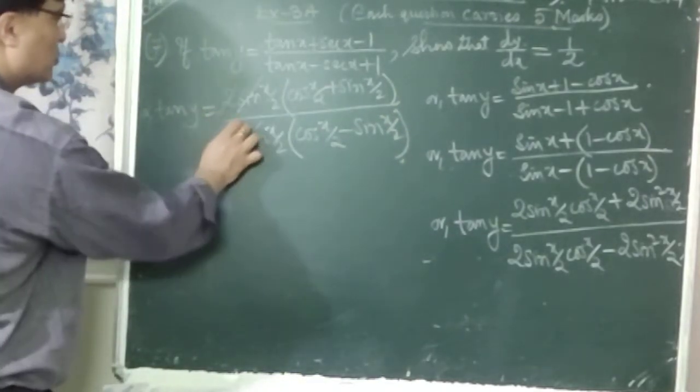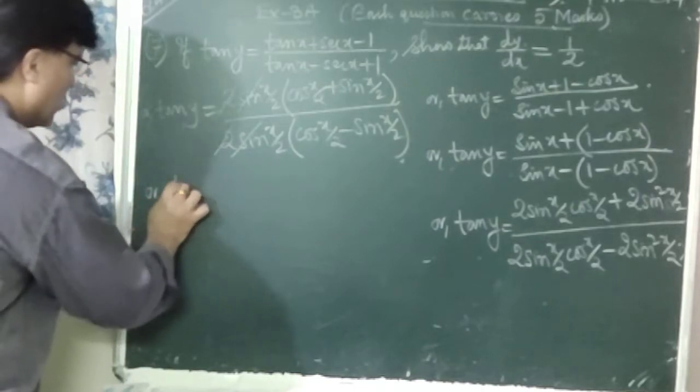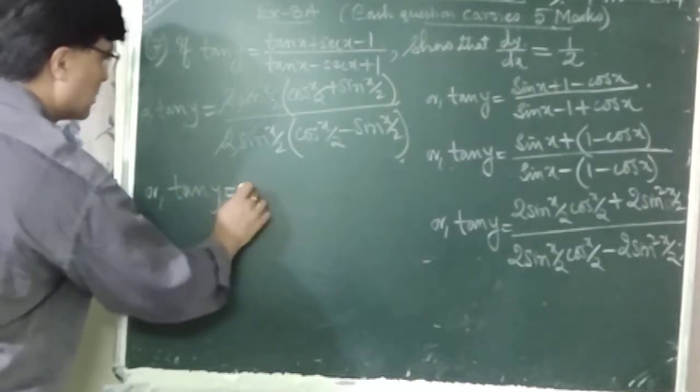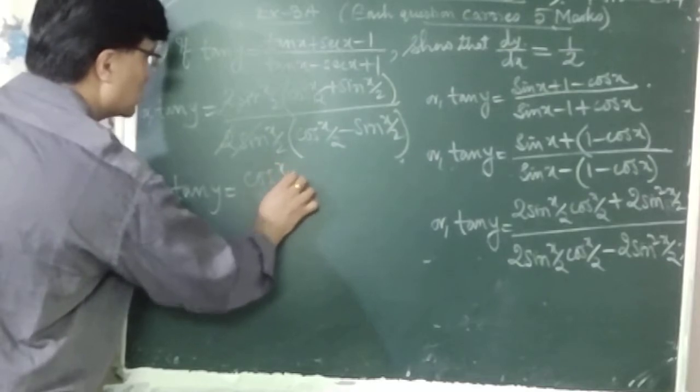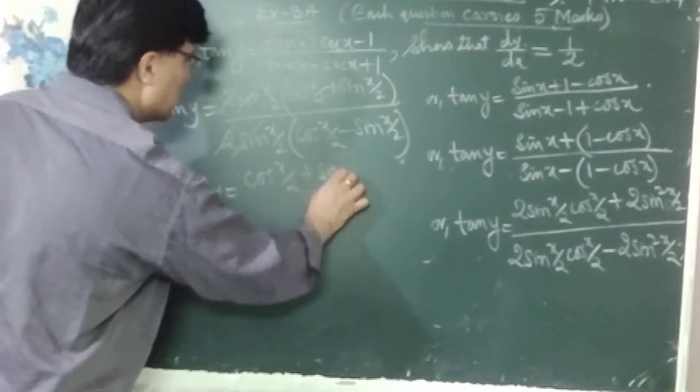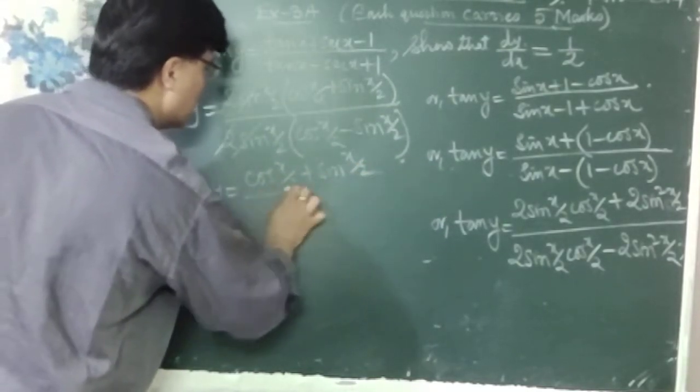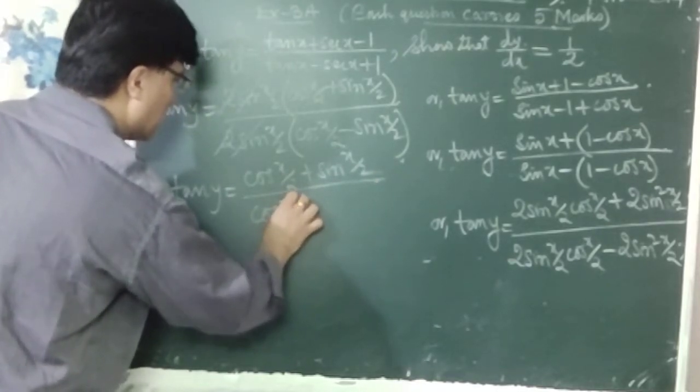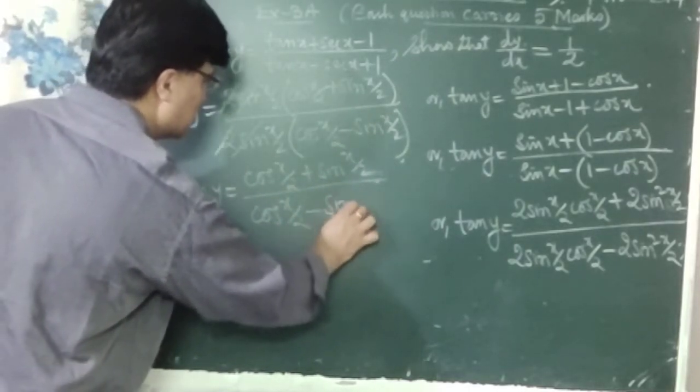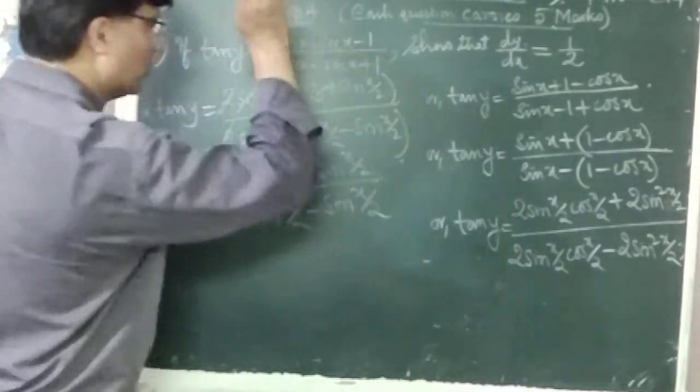So 2 sin x by 2 gets cancelled, or this is your tan y is equal to cos x by 2 plus sin x by 2 divided by cos x by 2 minus sin x by 2. Is that clear?